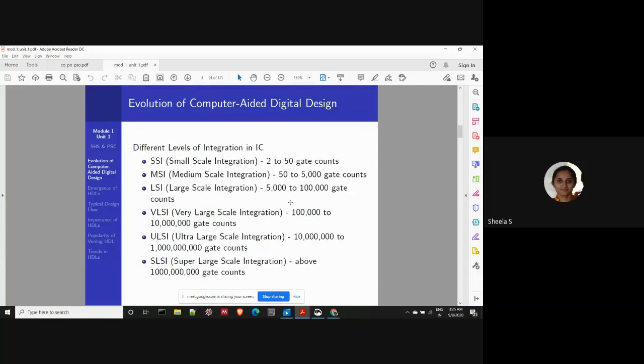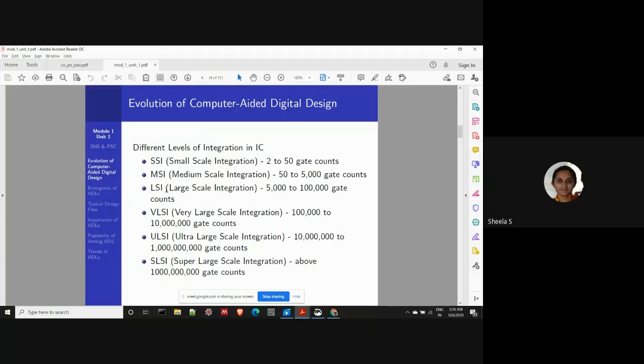Initially, as I showed in the diagram, small scale integration was done. In that, the number of gate counts was 2 to 50, only a small number of gate counts. The next one is medium scale integration, where the number of gate counts inside the IC can vary from 50 to 5,000.